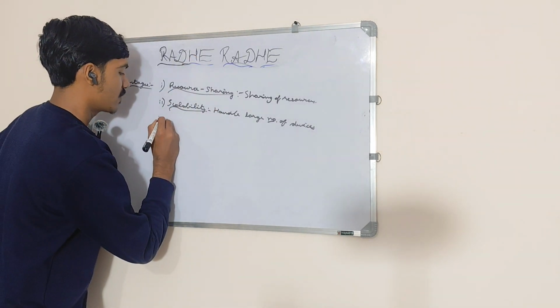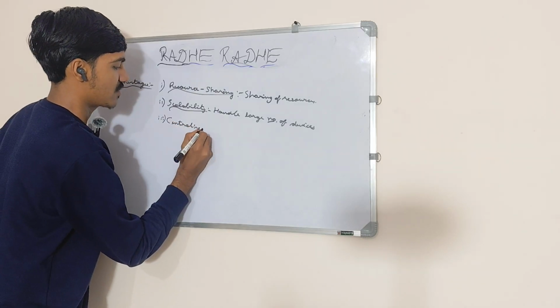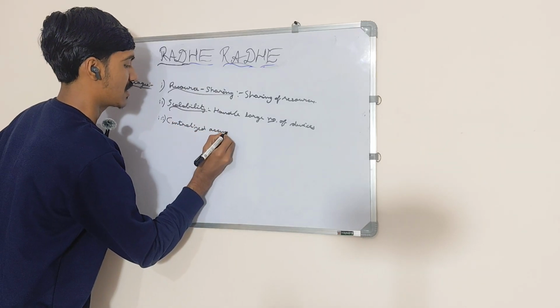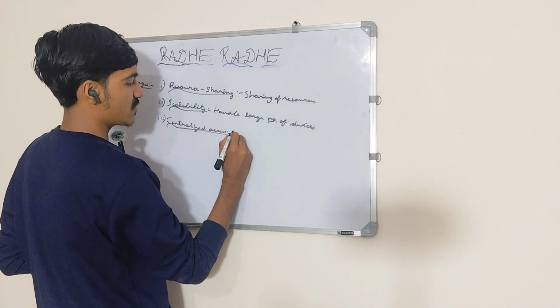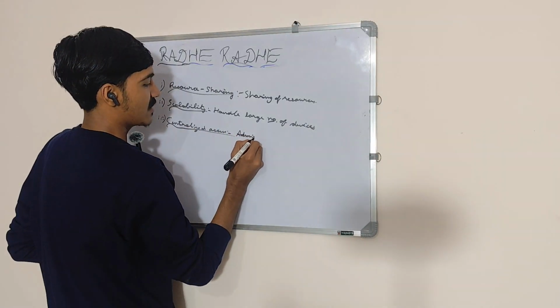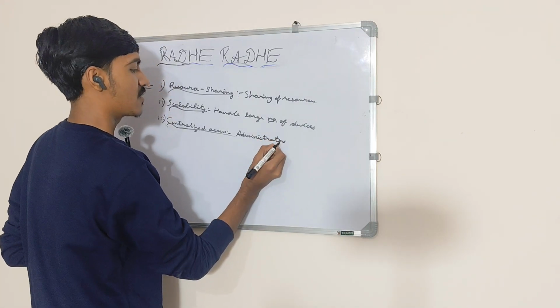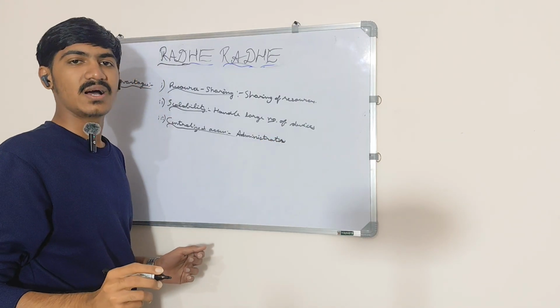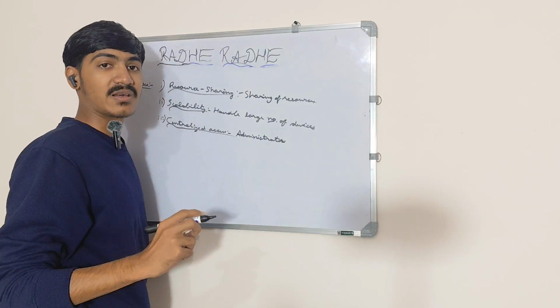Okay, third one, centralized access. In a computer network, administrators, or the person who has ownership of a network, can control the network centrally.